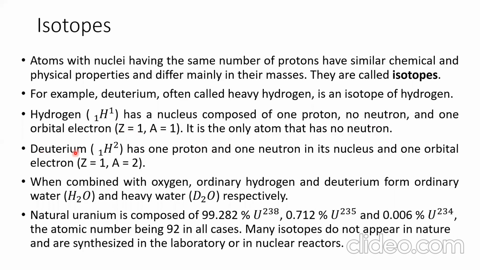Whereas deuterium, which has similar chemical and physical properties to hydrogen, has the chemical symbol 1H2. It has one proton, so the atomic number is 1, and the mass number is 2, meaning there is one neutron as well, 1 plus 1 is equal to 2 in its nucleus, and one orbital electron. That is, atomic number Z is equal to 1 and mass number A is equal to 2.